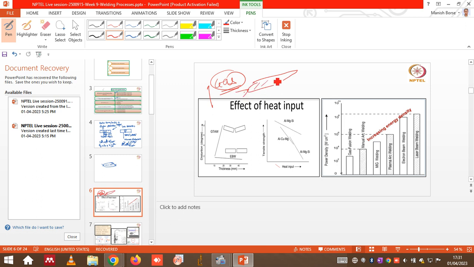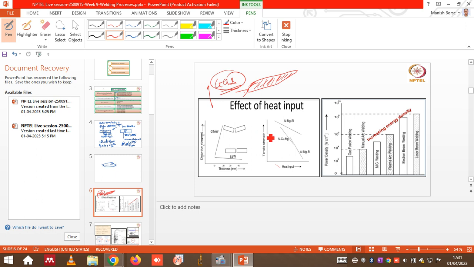The flame is quite wide, so most of the base metal area comes in contact with this flame. Okay. So again the heat affected zone is wider in gas welding operations. Okay. And due to the temperature gradient, the distortion problem will be there.